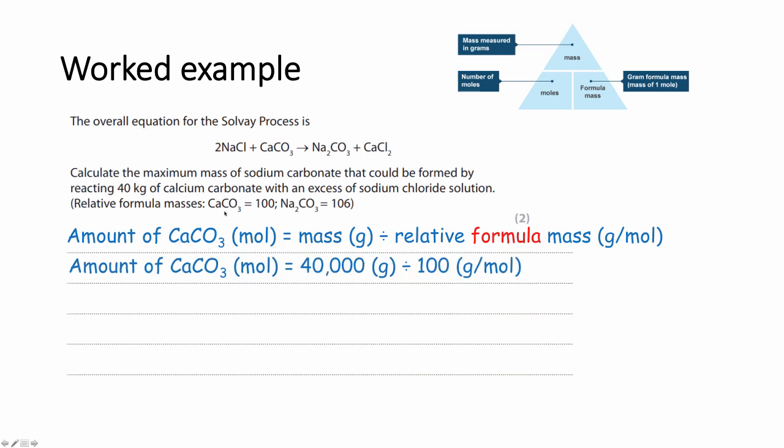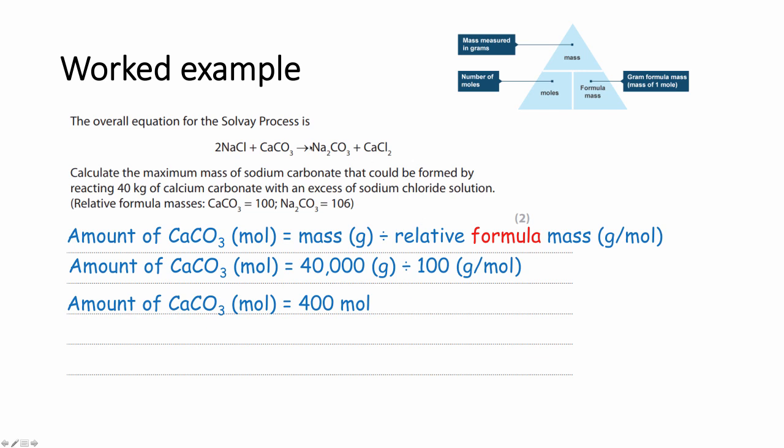I've also converted the 40 kilograms to grams. There's 1,000 grams in a kilogram, so 40 kilograms is 40,000 grams. Dividing that by its relative formula mass, which is 100 grams per mole, gives me a total of 400 moles of calcium carbonate.